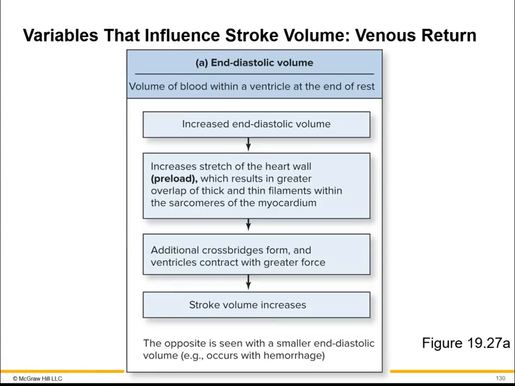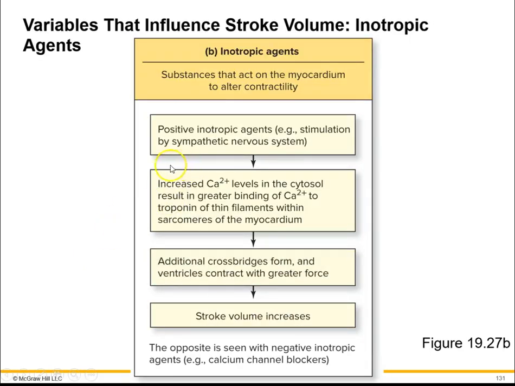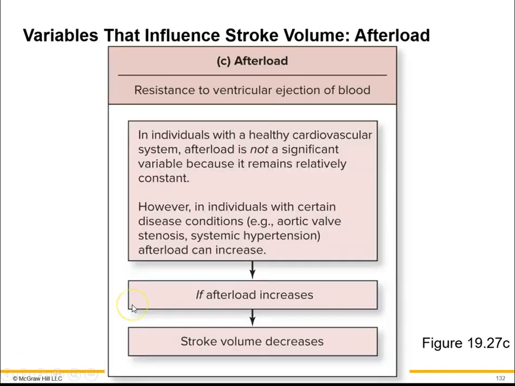I've left these charts in your PowerPoint for you to review. Just make sure that you can go through each one of these steps and that they make sense to you. As long as these make sense and how each step leads to the next, leads to the change in stroke volume, you're on the right track.